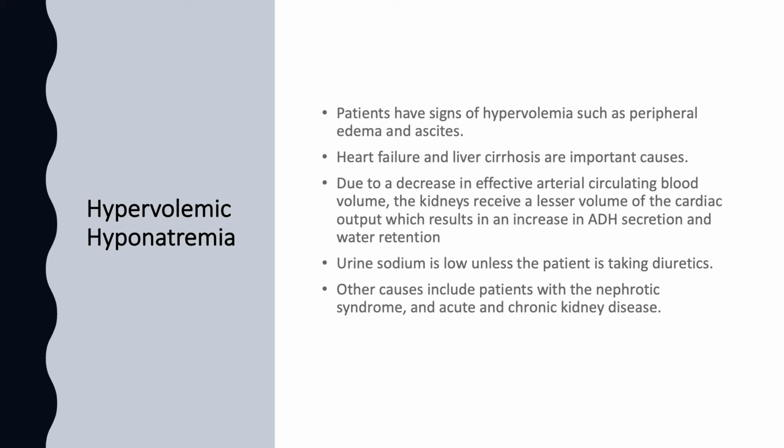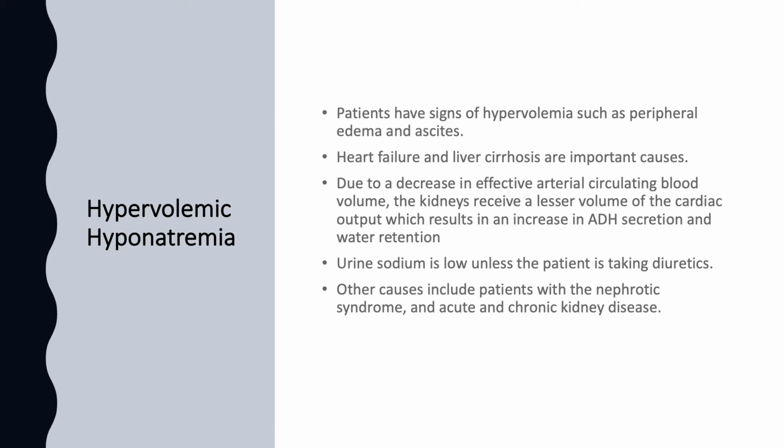The kidneys are very greedy. They get about 20-25% of cardiac output, and they don't want to give that up. So when they sense that they're not getting enough, like someone with heart failure or liver cirrhosis, what's going to happen? Signals are going to travel and ADH secretion is going to be increased, and then you get water retention.